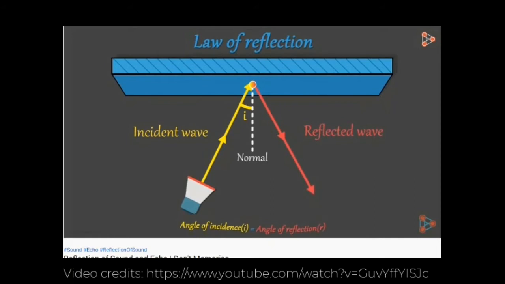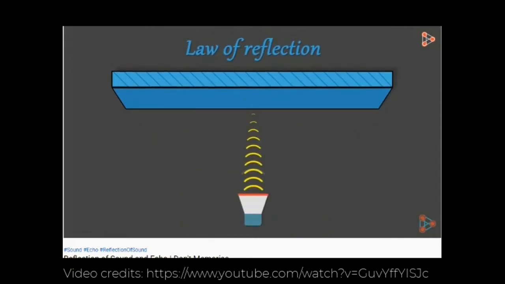Take note that the angle of incidence is always equal to the angle of reflection. So that is how sound is reflected. It will also bounce back in a linear path.